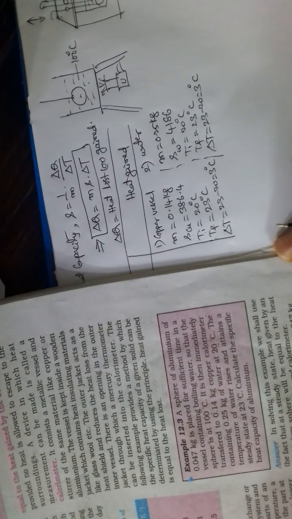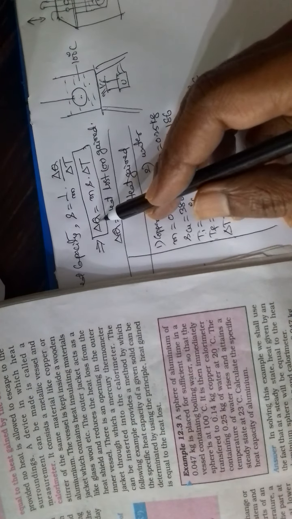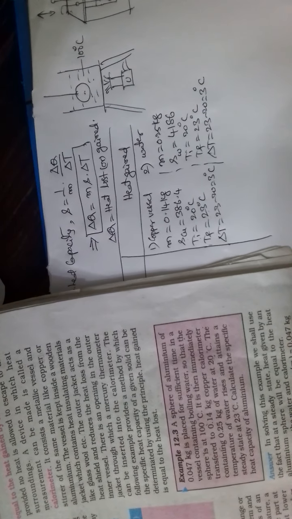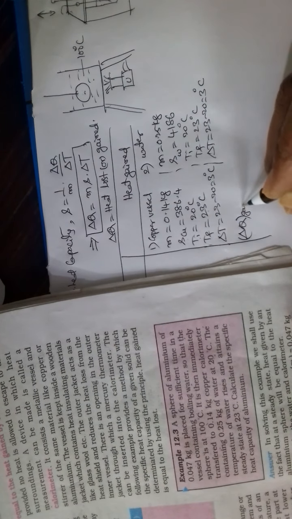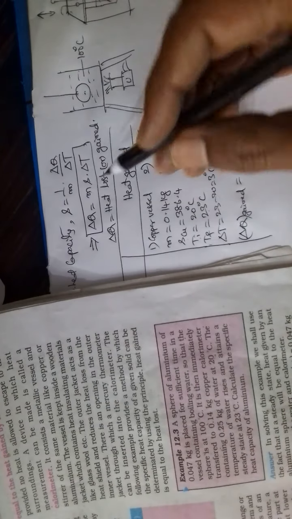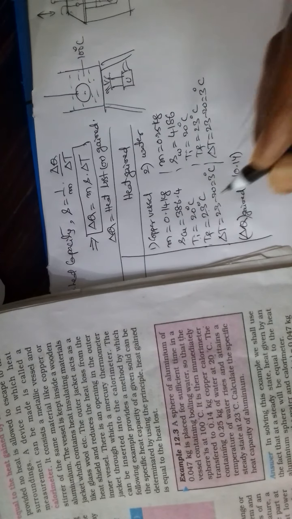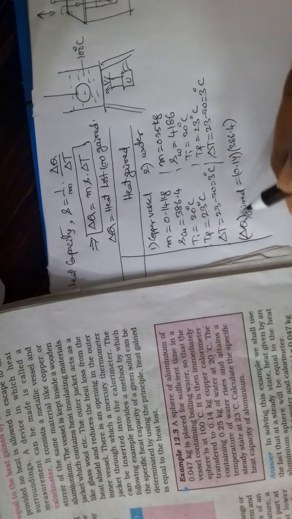Now we have to calculate the heat gained. So with the help of this formula we will find out. Delta Q, heat gained, is equal to m s into delta T, with delta T 3.